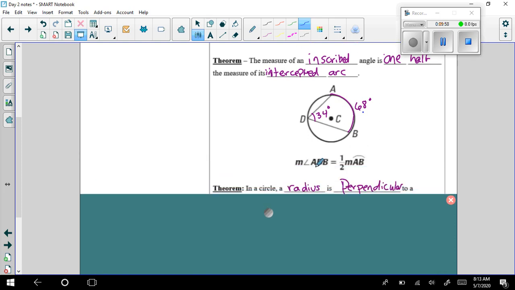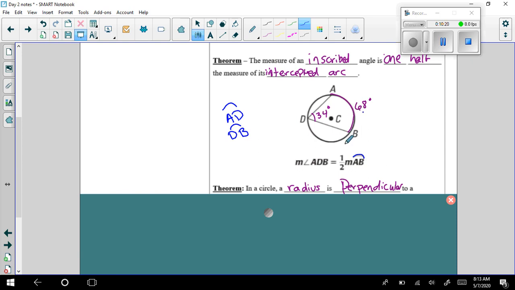So this is how we notate it. The measure of ADB is 1/2 the measure of arc AB. And so we name an arc just like that. Okay, so this circle has arc AD. It has an arc DB. And these are what we call minor arcs.